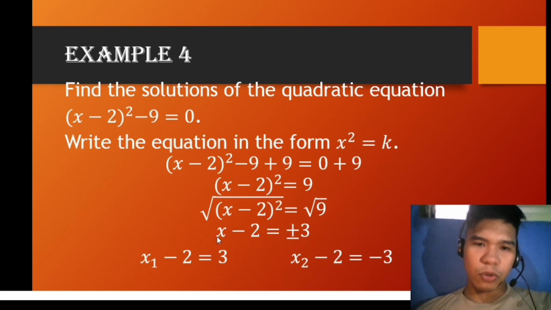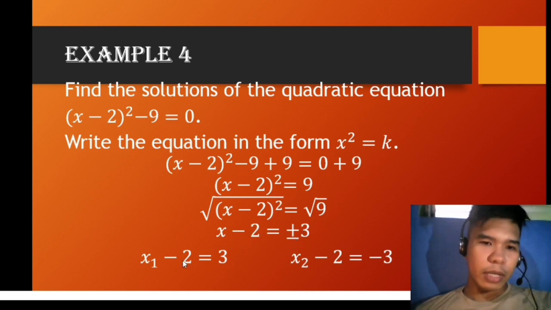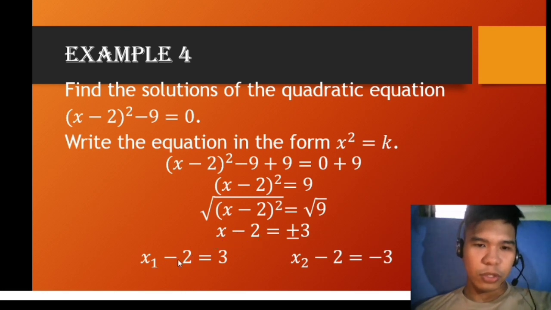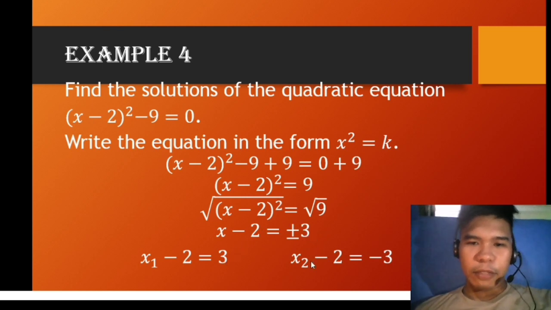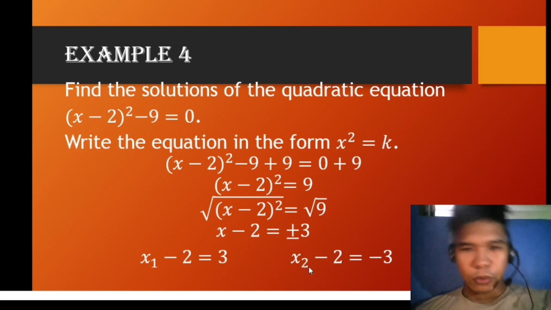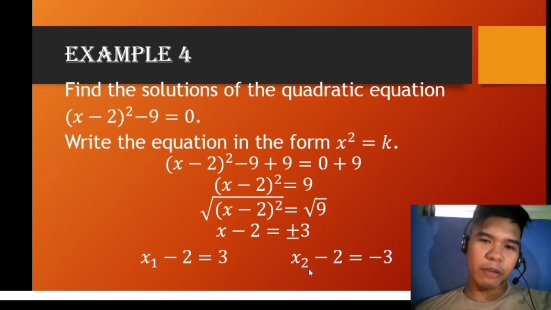So we're going to solve two values of x. One is using positive 3, and then the other one is using negative 3. So as you can see here, we have two separate linear equations for the resulting equation, that is x sub 1, or the first value of x, minus 2, just copy, equal to, you use first positive 3, and then the other value of x, which is x sub 2, you just copy that, or put 2 to represent that this is the second value of x.